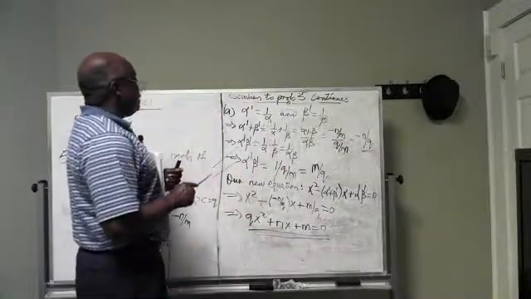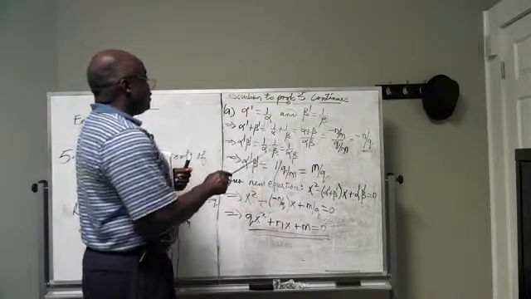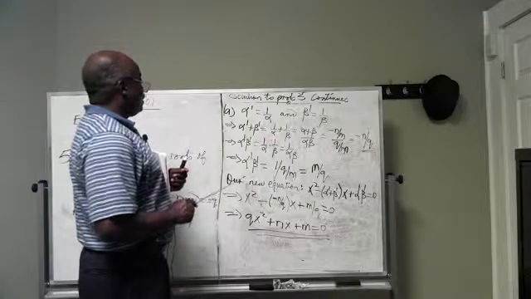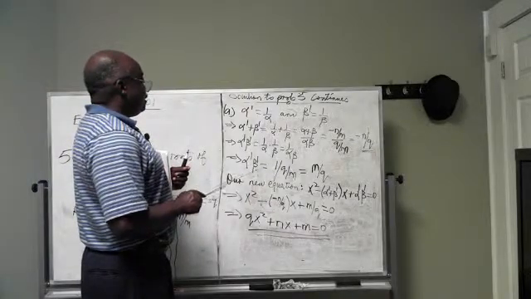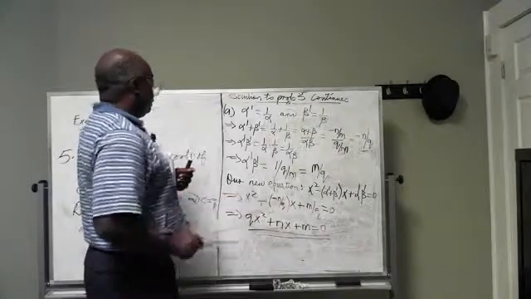And alpha prime beta prime equals 1 over alpha times 1 over beta, which is equal to 1 over alpha beta. This implies alpha prime beta prime equals 1 over q over m, which is equal to m over q.